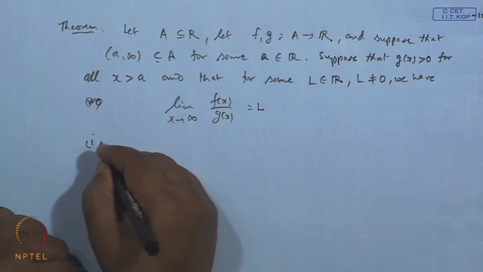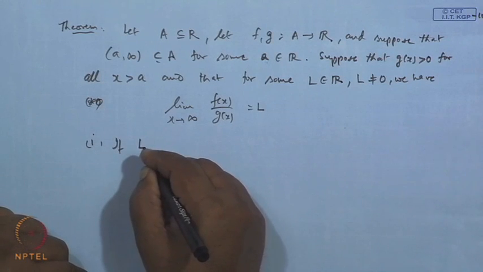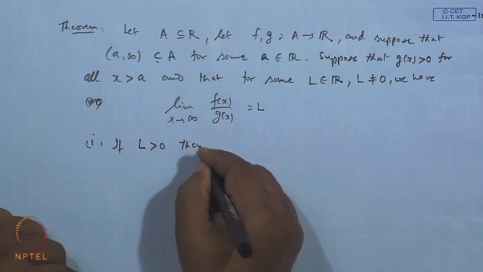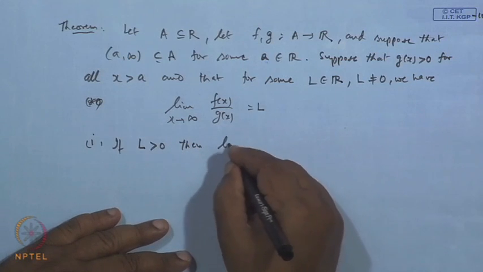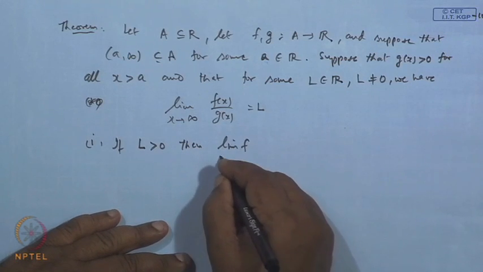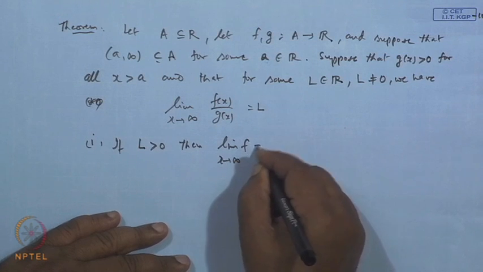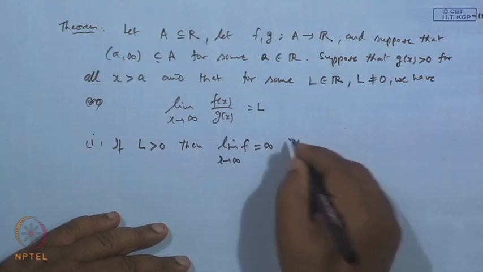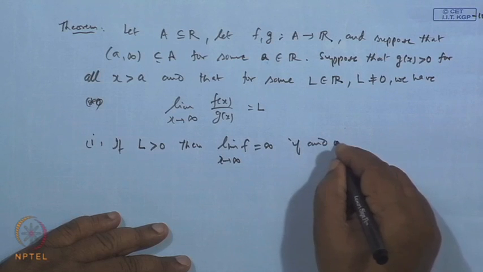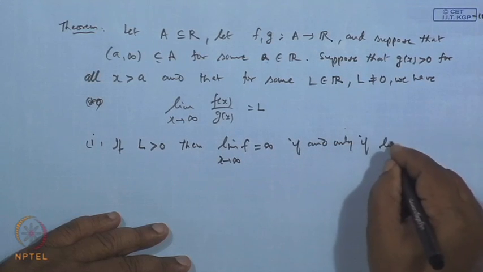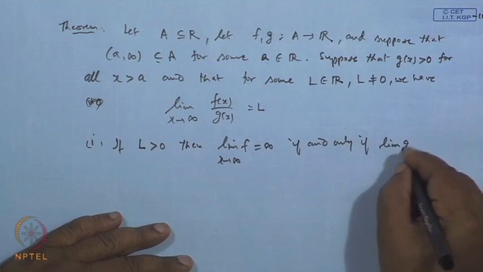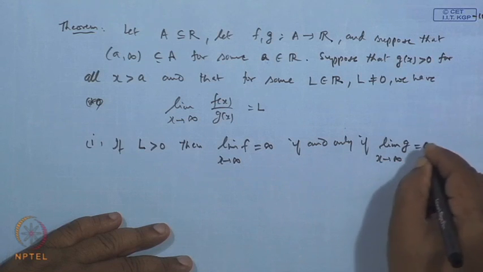The first condition says if L is positive, then the limit of f as x tends to infinity is infinity if and only if the limit of g as x tends to infinity is infinity.